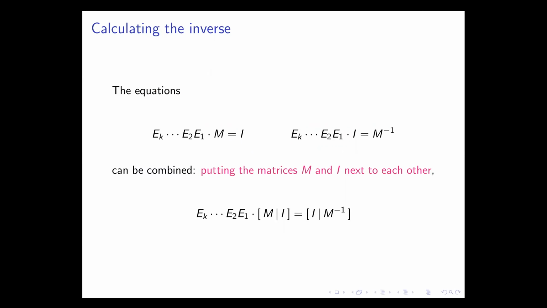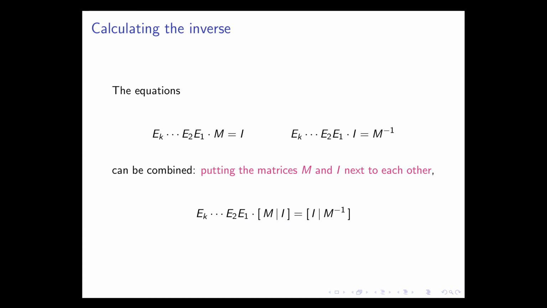So we can put the matrices M and I next to each other in one big matrix of size n by 2n, so we can define a new matrix this way, which is over here. This matrix has n rows, and therefore it can be multiplied by square n by n matrices, which are those matrices E1 through EK.